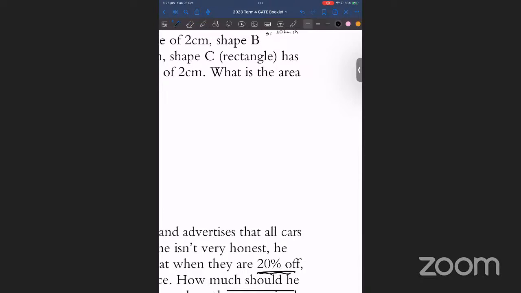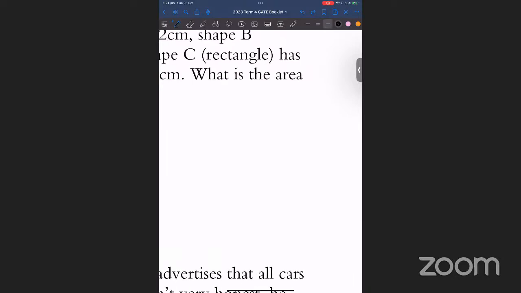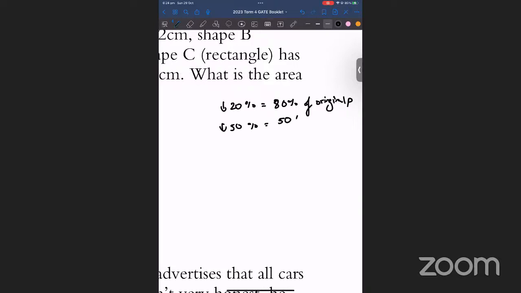Jal, here's a better question. If you decrease something by 20%, what percentage are you paying of it? 80. Yeah, so if you decrease something by 20%, it's the same as paying 80% of the original price. Do you guys understand? Yes. If something's decreased by 50%, how much of the original price are you paying? Half. 50%.